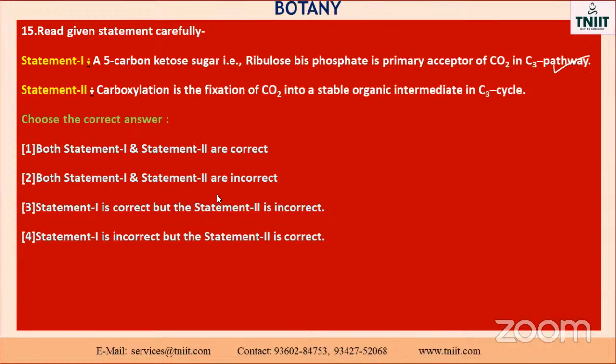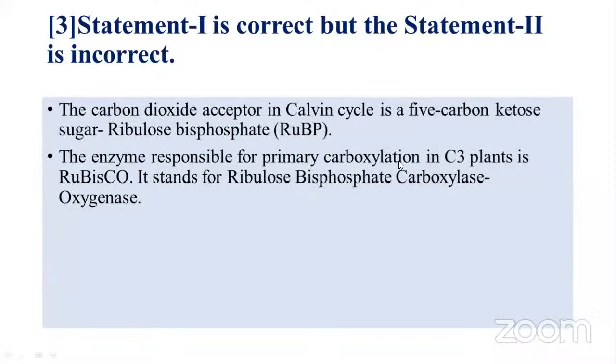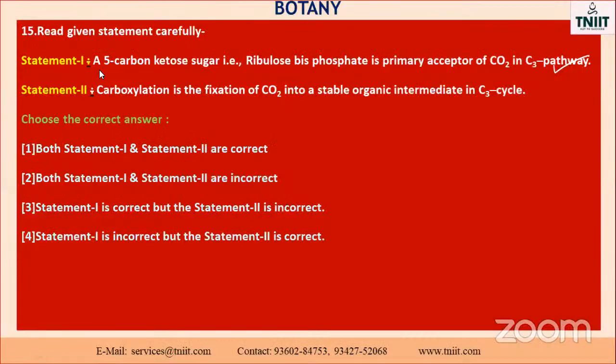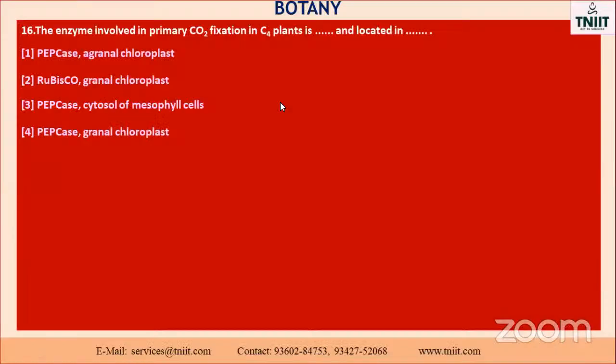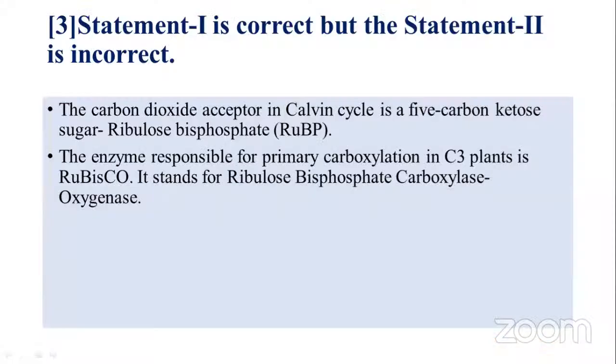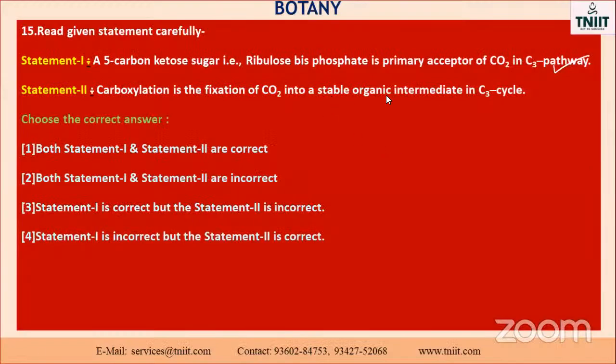What about the second statement? The enzyme responsible for the primary carboxylation in C3 plants is RuBisCO. It stands for ribulose bisphosphate carboxylase oxygenase. Statement 1 is correct, but statement 2 is incorrect. The carboxylation is the fixation of CO2 into a stable organic intermediate. No, it is not stable.